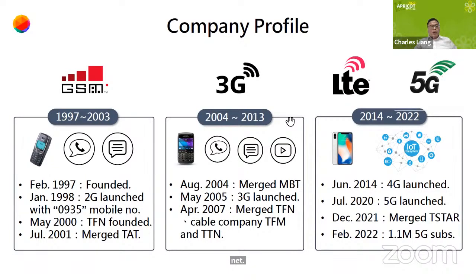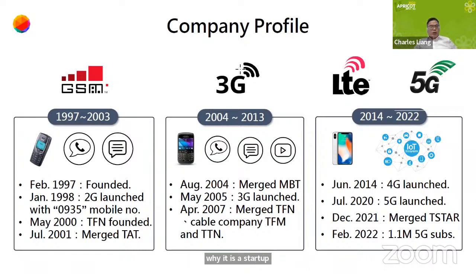In July 2001, Taiwan Mobile merged Chensesa Telecom, a mobile operator of southern Taiwan. In August 2004, Taiwan Mobile merged Mobile Communication, a mobile operator of central Taiwan. And in May 2005, Taiwan Mobile introduced the leading 3G service of WCDMA system. It's the start of the 3G era.